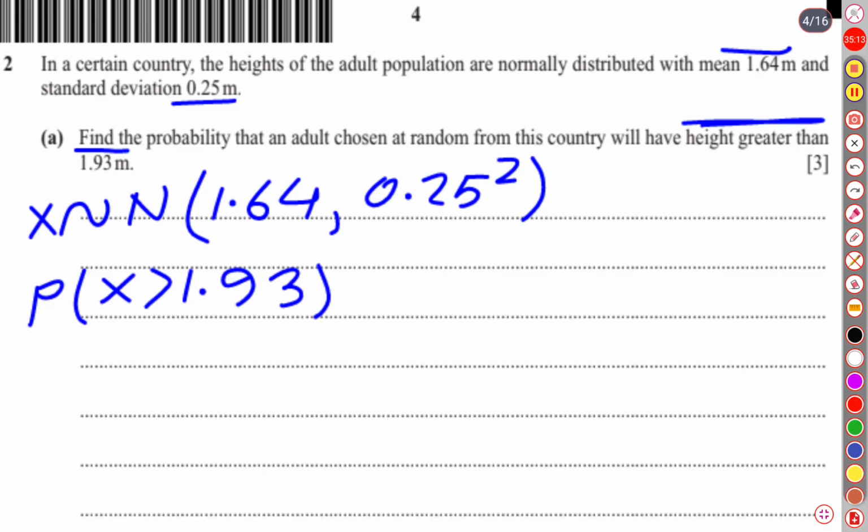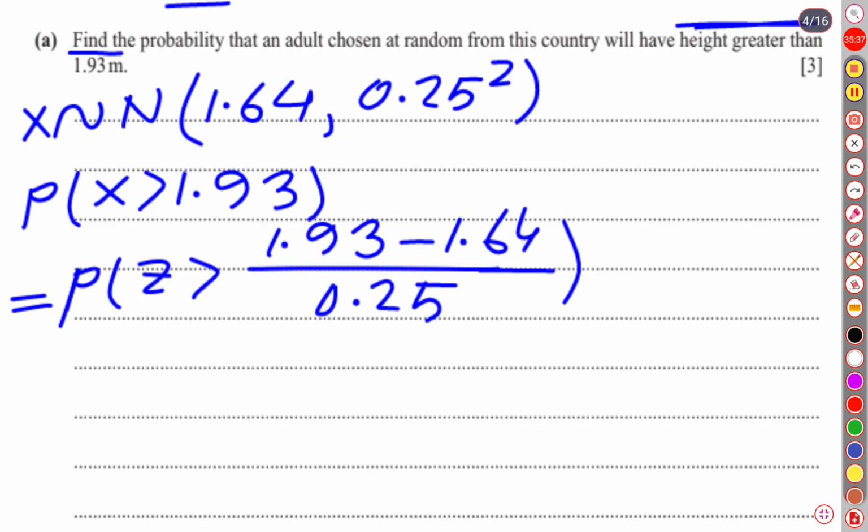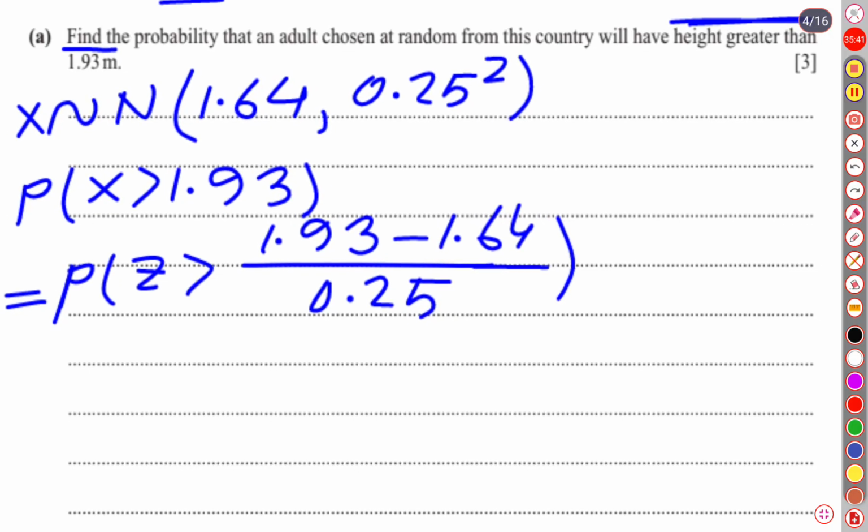Then we will standardize the score, that is, Z is greater than (1.93 minus mu, which is 1.64) over the standard deviation 0.25. Calculating 1.93 minus 1.64 over 0.25, it is going to be 1.16.